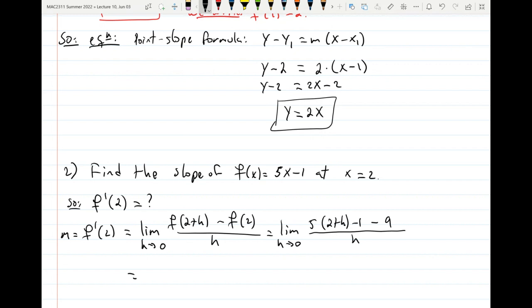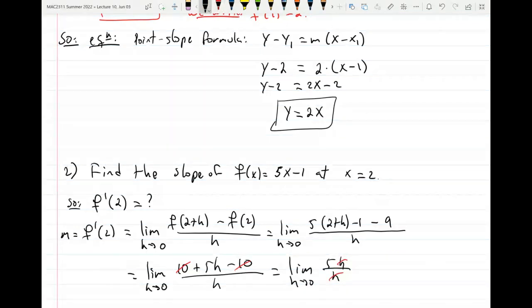Okay, so let's simplify this. This is the limit as h approaches 0 of 10 plus 5h, then negative 1 minus 9, that's negative 10, over h. The 10s cancel out, and then we get 5h over h.